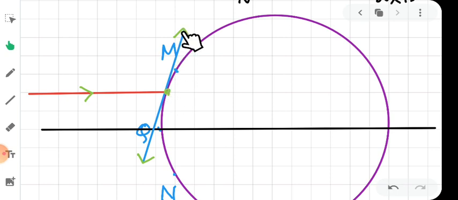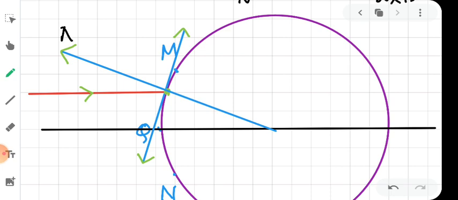Now as we have drawn this tangent, we need to draw the normal to this tangent at the point of incidence. The normal is a perpendicular line that passes through the point of incidence and is perpendicular to the tangent. This blue line is our normal.